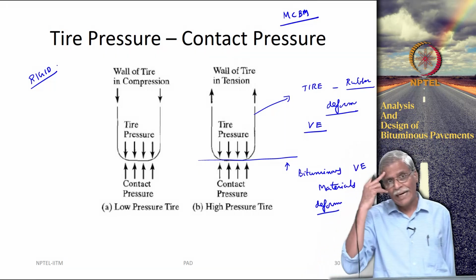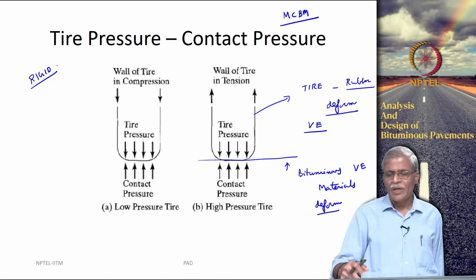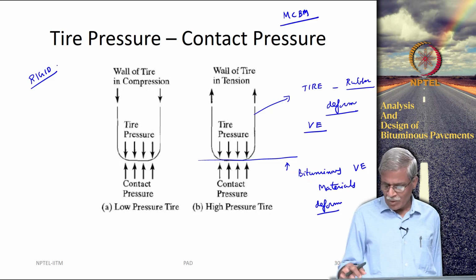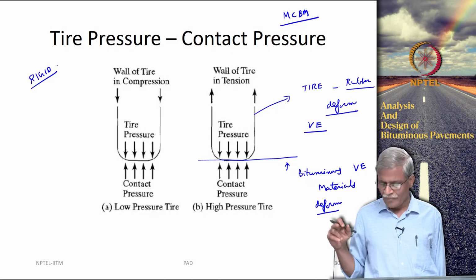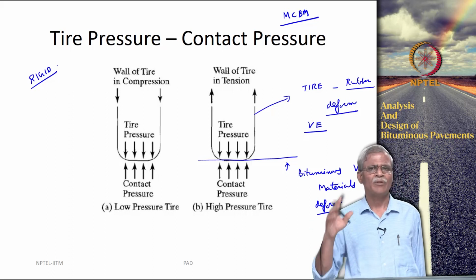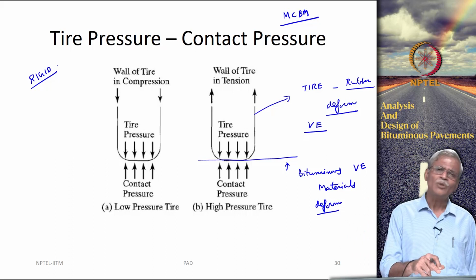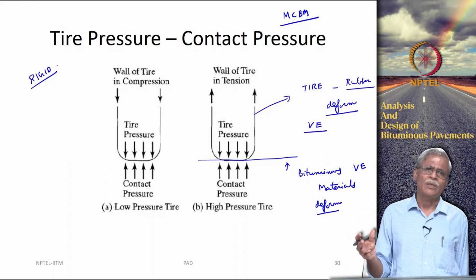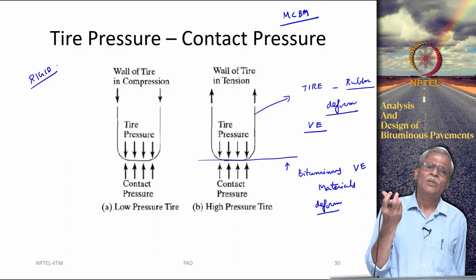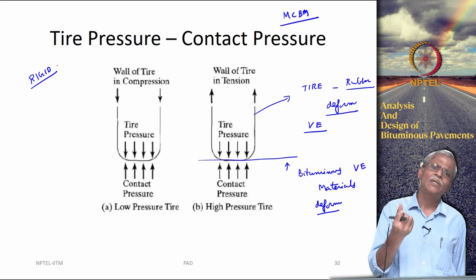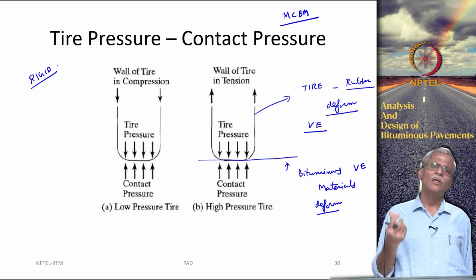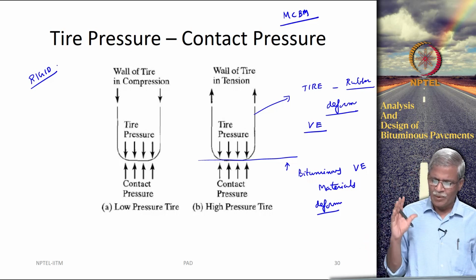Okay. Now, relate this with whatever I mentioned about rubber tire and bituminous material. They have a time dependent deformation, again just keep that in the back of your mind. So, when the tire walls are rigid, whatever is the load that is transferred from the tire to the pavement is nothing but the tire pressure.